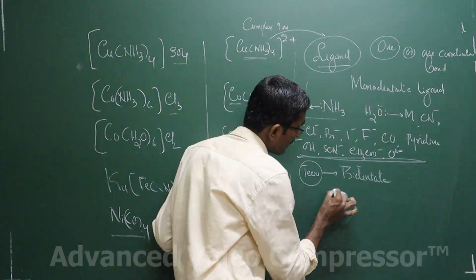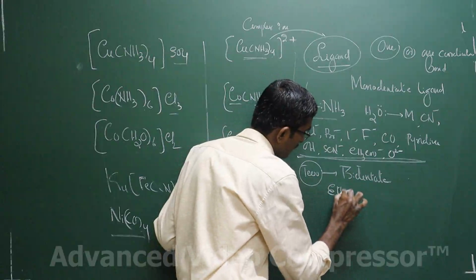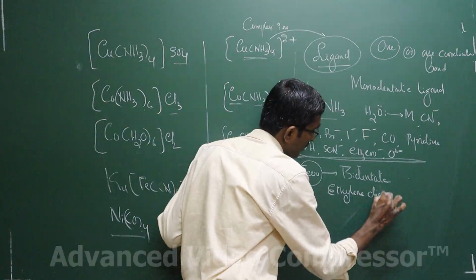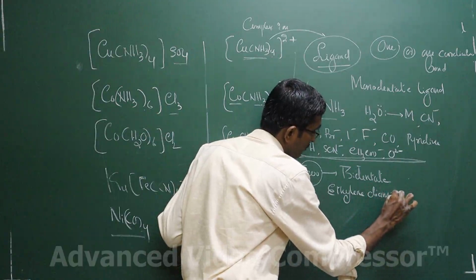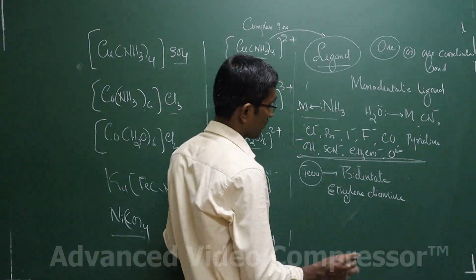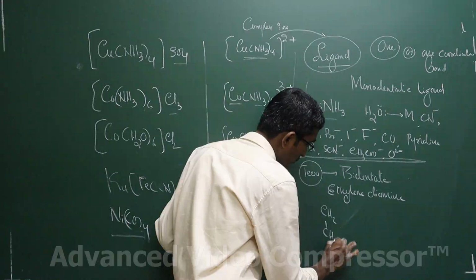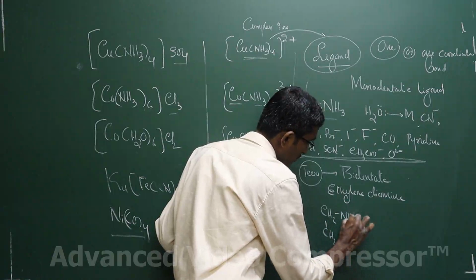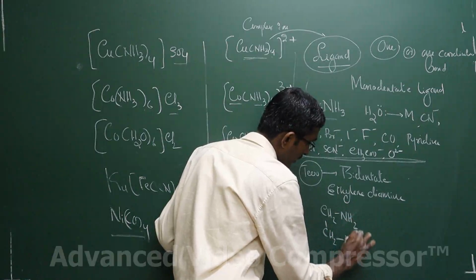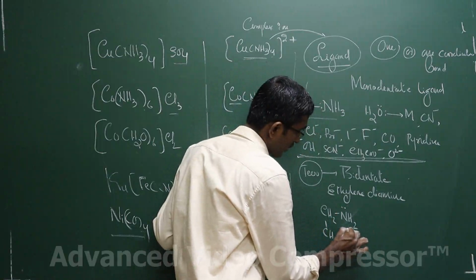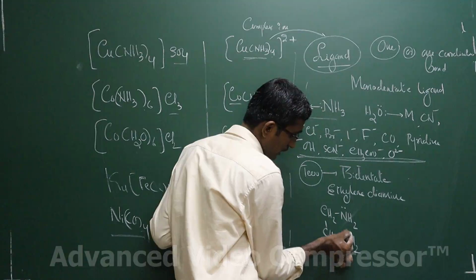They may ask you for examples: which of the following represents a bidentate ligand. For example, ethylene diamine, that is, you have CH2, NH2. So ethylene diamine could be an example of a bidentate ligand, right? There are two ligating atoms.